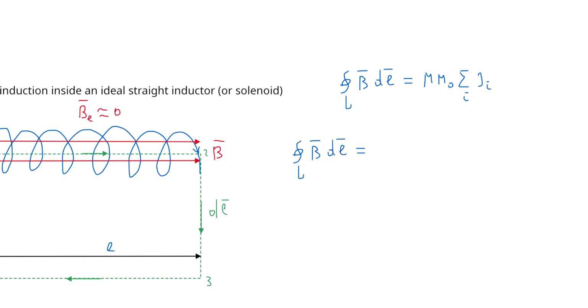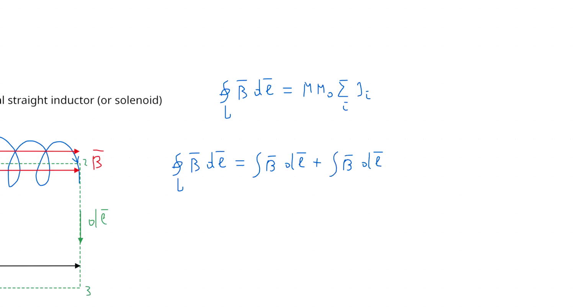So the first will be B dl, and we will have 3 similar integrals: the second, the third, and the fourth integral. And the fourth integral will be here.